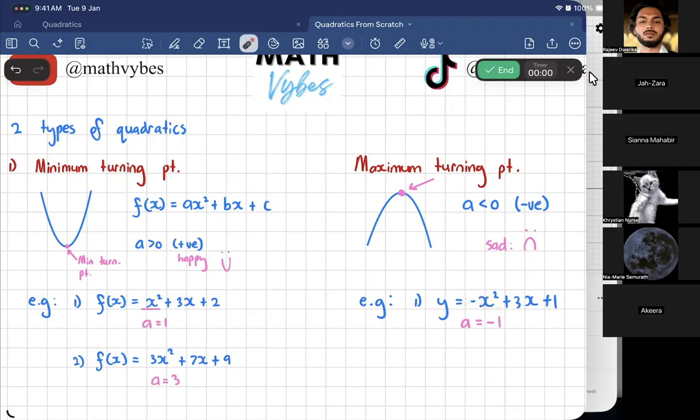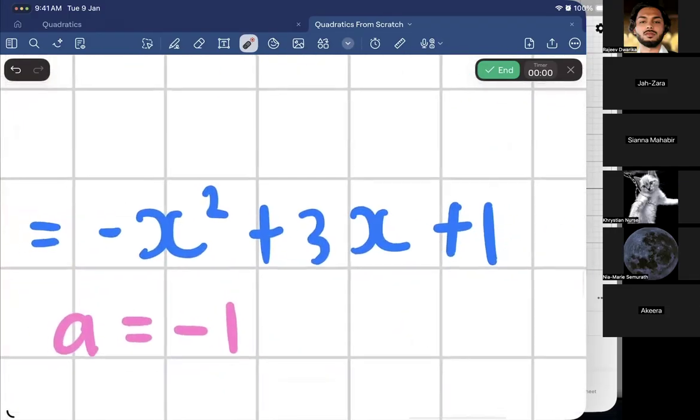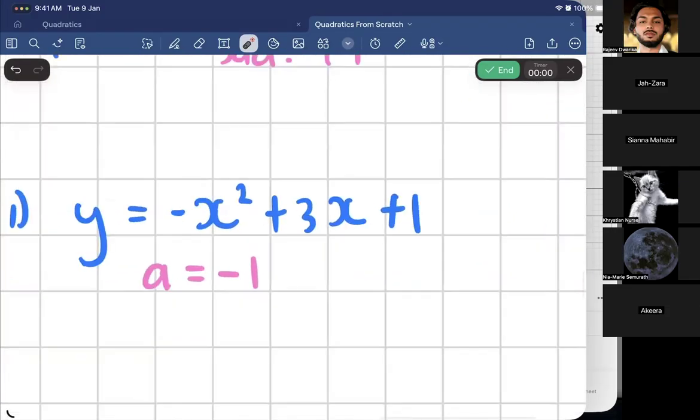Christian, I need you to tell me if you're confused by that. Well, can you explain it again, sir? All right, so Christian, forget about the negative sign for now. How much x squared are you seeing? 1. Right, so I'm going to put a 1. But what's the sign in front of it?